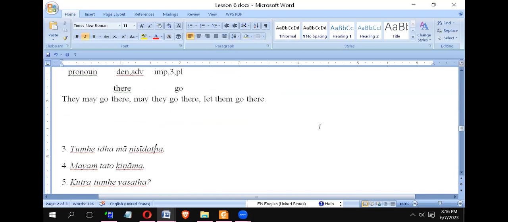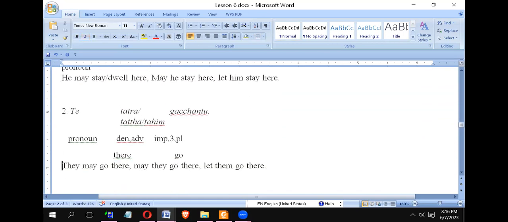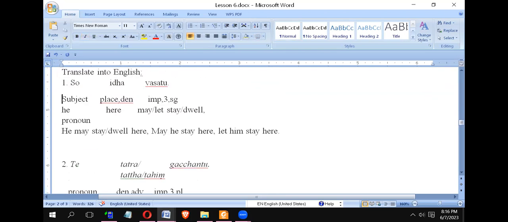Next one. Again, I have a question. Sorry, Sumita. You see, like this vasatu, when you look at it, you know straight away it is the third person singular. That means when you translate, you have to say he may live, dwell, or stay. May he live, dwell, or stay. Let him live, dwell, or stay. That's how I do it.